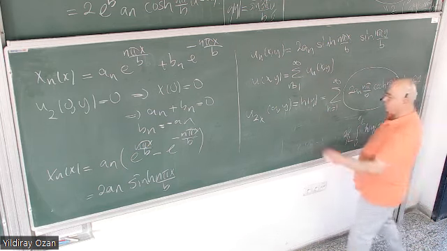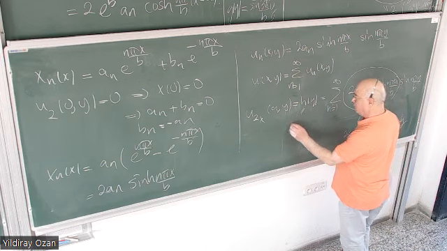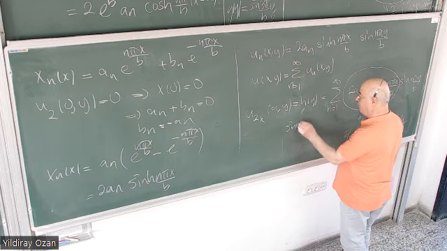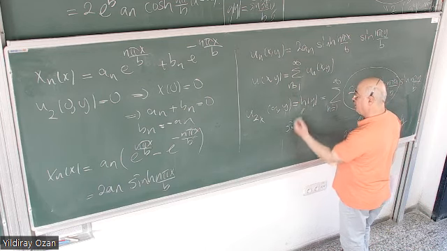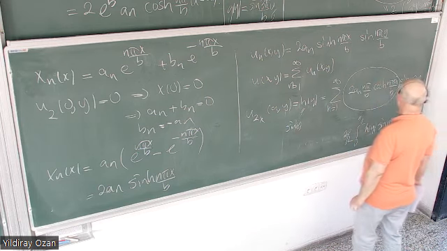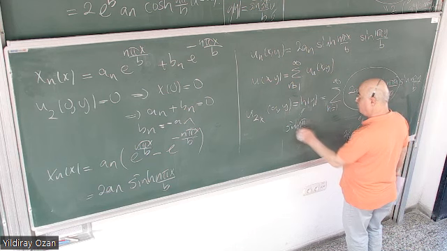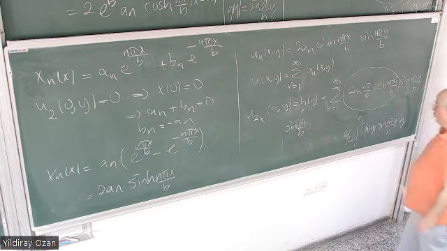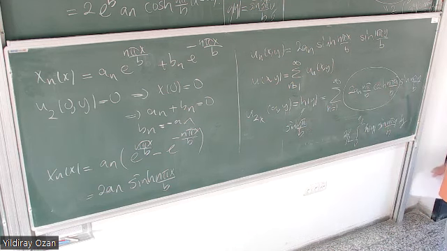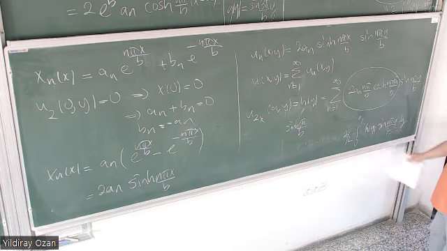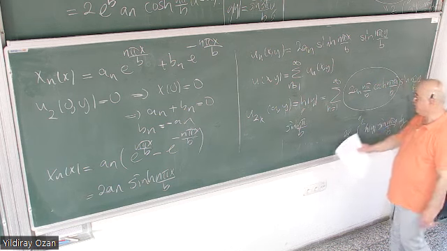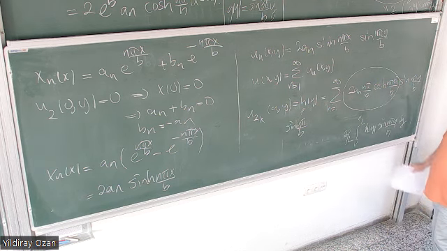If, for example, h(y) were sine pi y over b, what would this be? All of them except a_1 would be 0, right? N equals 1 here. So all these coefficients would be 0 except the first one.